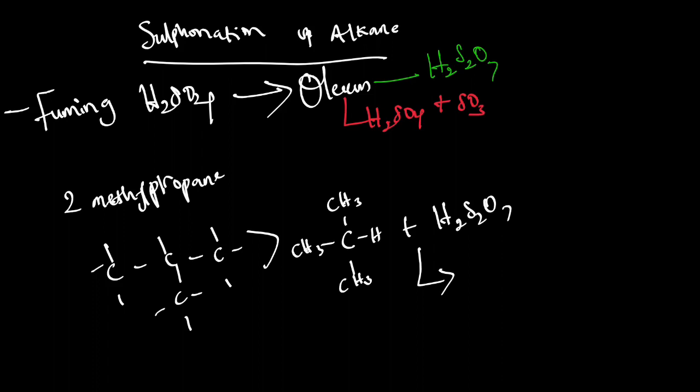And when it happens that way, we say that a sulfonic acid has been formed. So what's the formula for this sulfonic acid? CH3, CH3, CH3, and here will be SO3H. It's as simple as that.